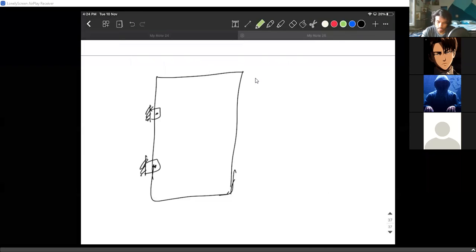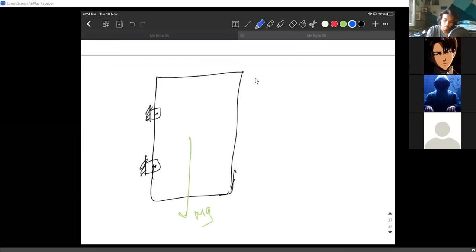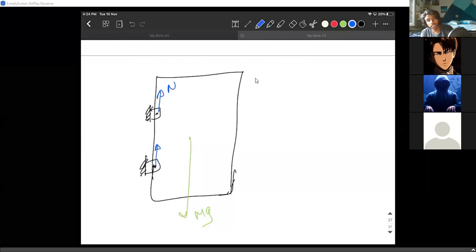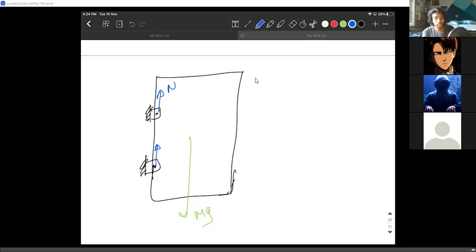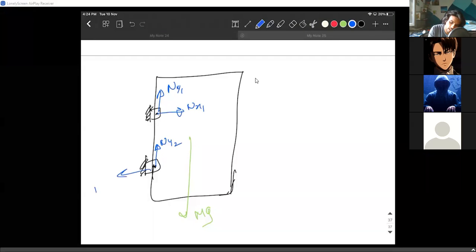All you have to write is mg downwards and normal forces. Everyone fails at this point. They only take the normal force like this only. But like I mentioned, a hinge can offer normal force in any direction. In most situations it's just vertical, so that's why we take vertical. But in this situation, remember, this is Ny1, Ny2, Nx1, Nx2.